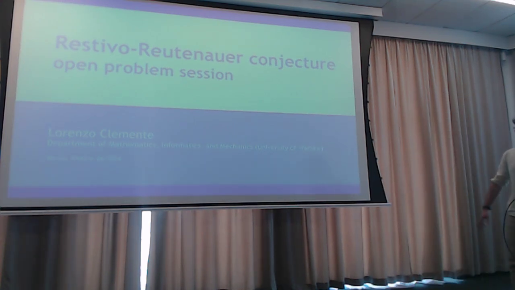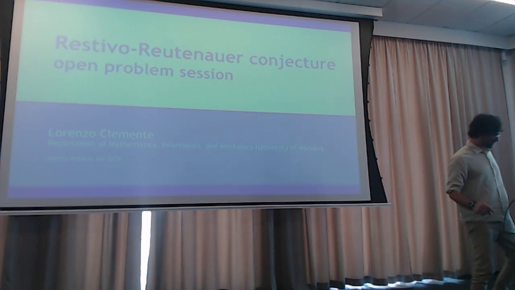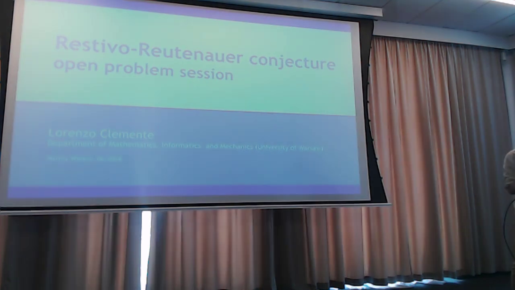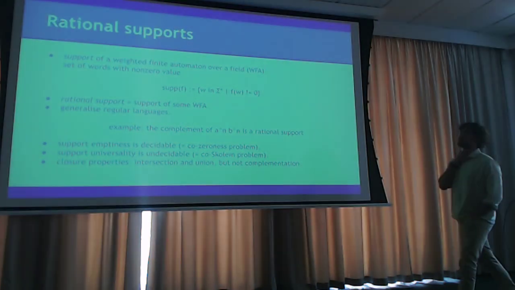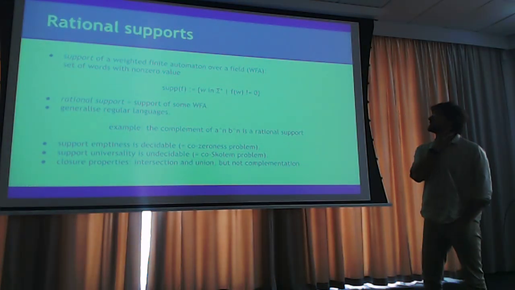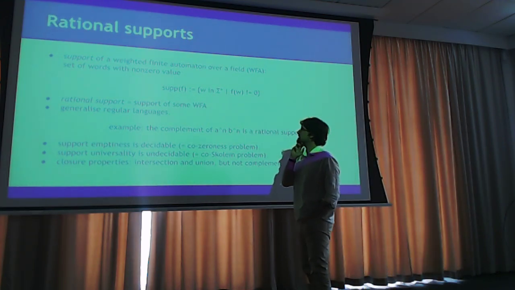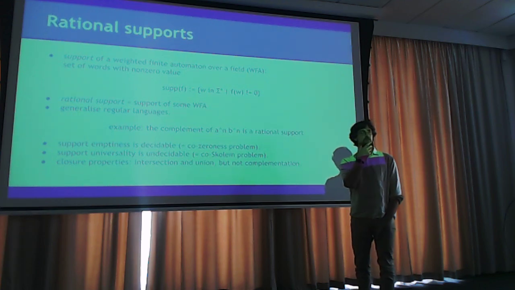So yeah, I'm Lorenzo Clemente from Warsaw, and I want to present a little problem. It's called the Restivo-Reutenauer conjecture, and it's a problem in weighted automata. It's from the 80s. The problem is about this notion of rational support. The support of a weighted finite automaton is the set of words that the automaton maps to a non-zero value.